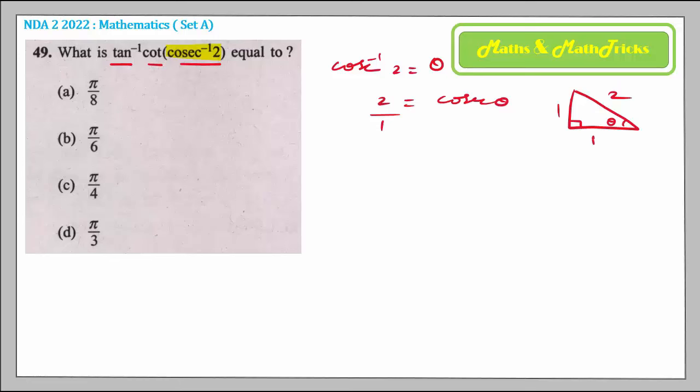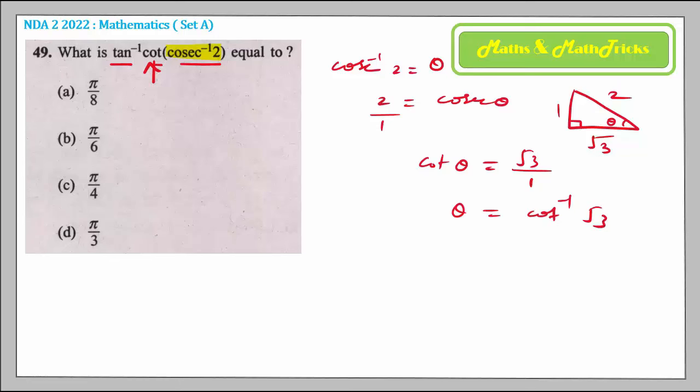Right, so the other side will be then root 3, because root over 4 minus 1, by Pythagorean triplet concept this is. So you got it. So you want to express that in terms of cot inverse, so you need cot theta. So what is cot theta from the figure? It's root 3 by 1. So theta becomes then cot inverse of root 3.